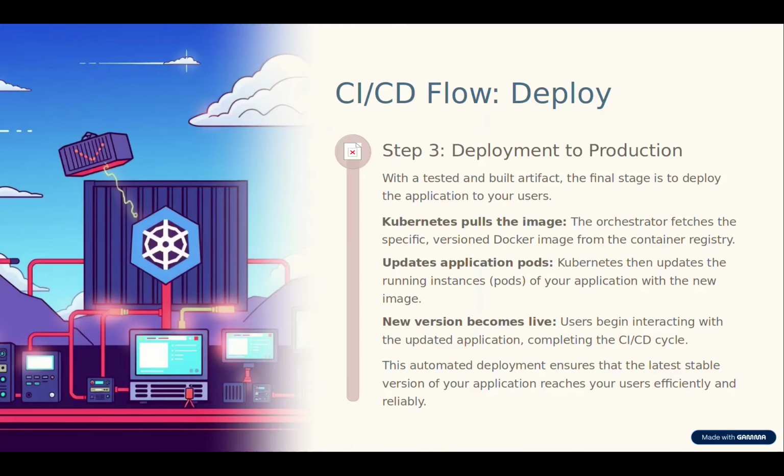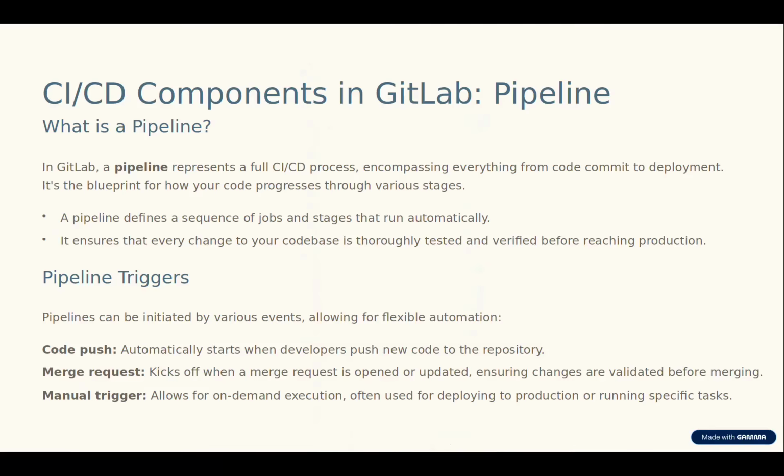So let's talk about GitLab components. We have stages, we have jobs, we have pipeline, and some more things. So in GitLab, everything starts with the pipeline. A pipeline represents a full CI/CD process containing several stages, parallel jobs, and more. Usually, a pipeline is triggered with a code push, merge request, or manual trigger.